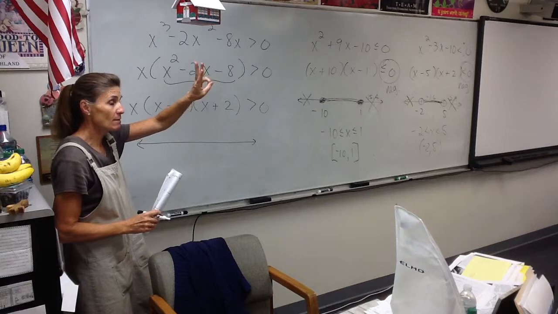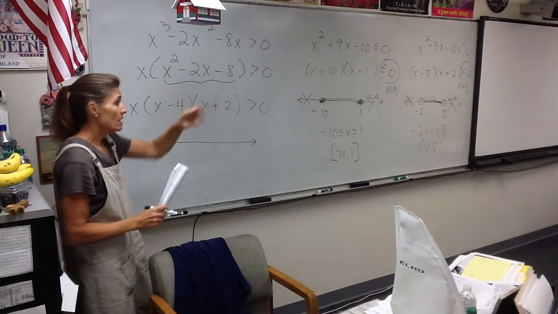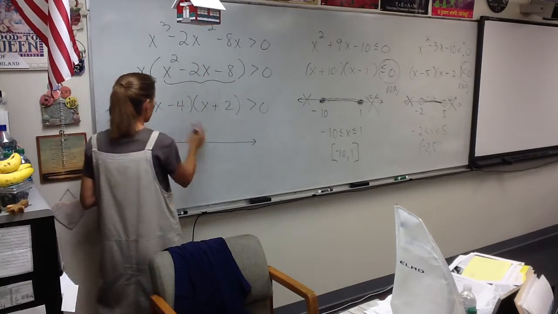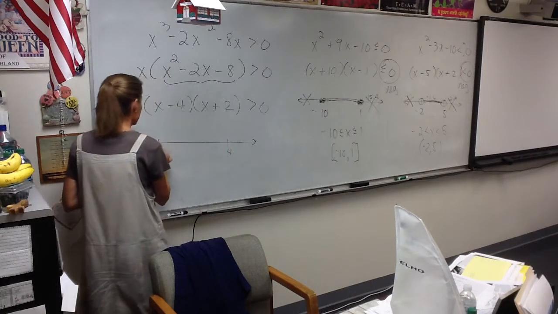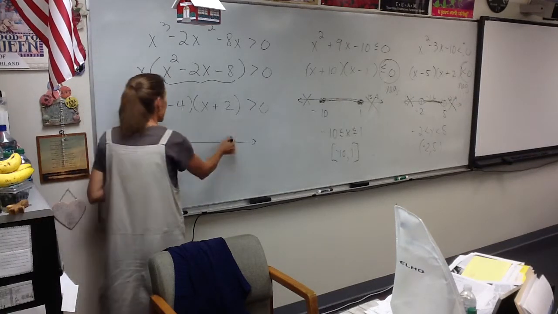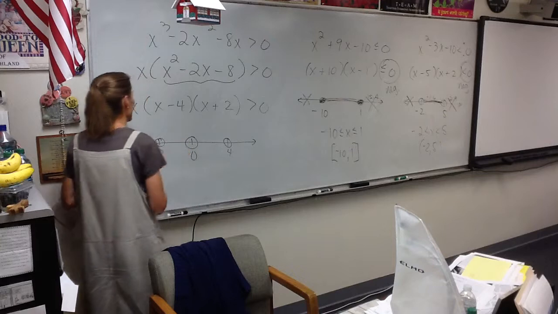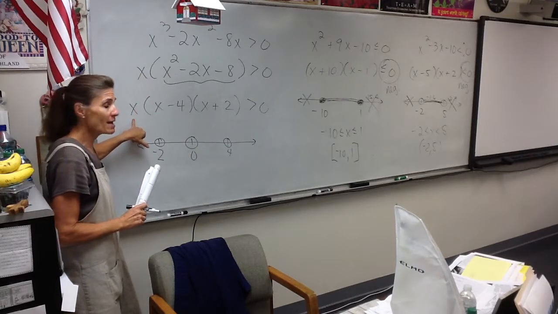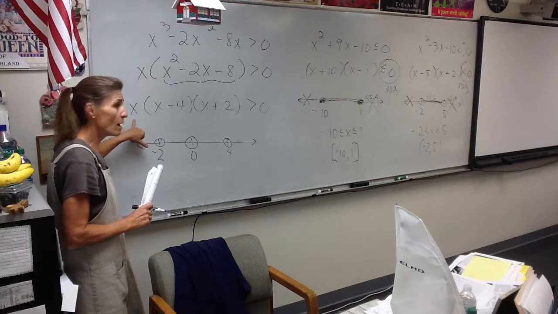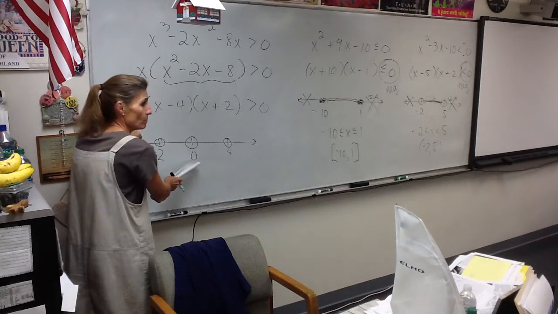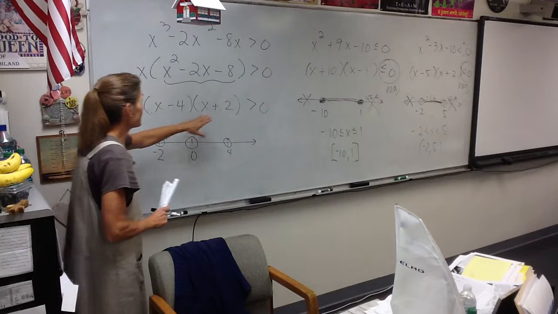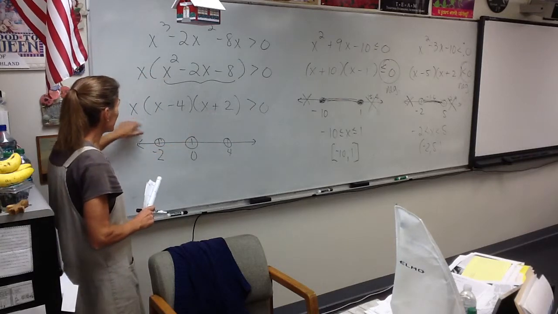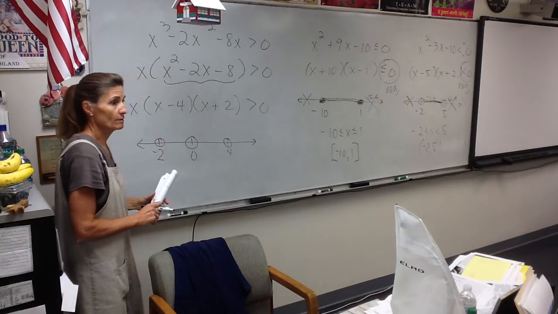That's exactly right. Clearly I'm going to have a dot at 4 and a dot at -2. And there's a dot at 0. Perfect. This X sitting out here all by himself with no number means he's a 0. So I have a dot at -2, a dot at 0, and a dot at 4.